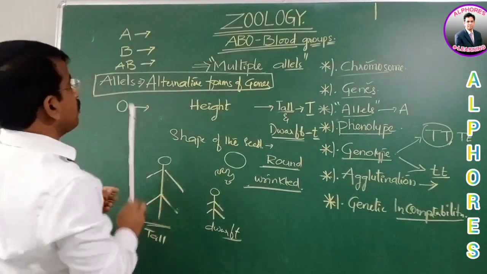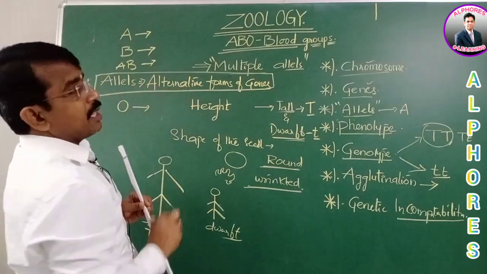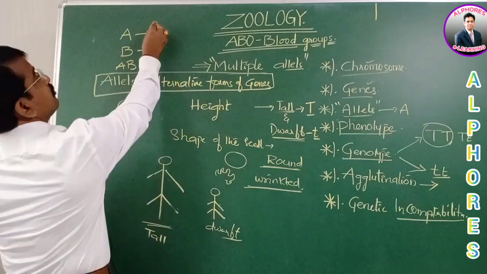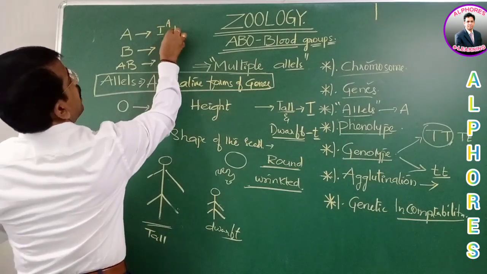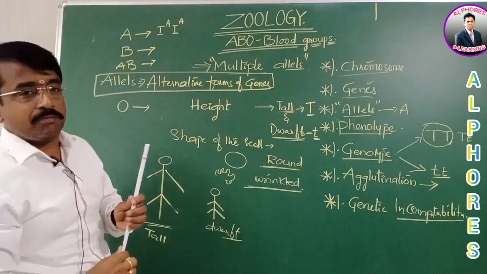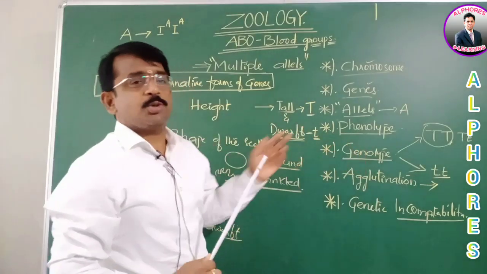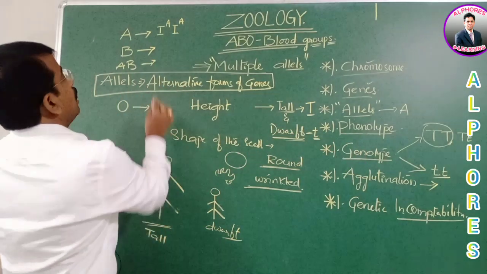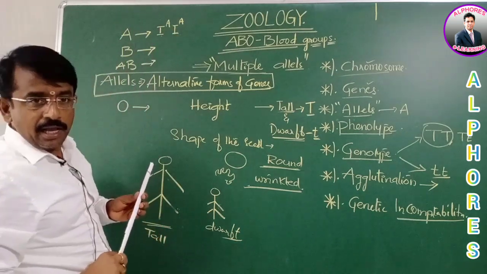These are external forms. So that's the phenotype. The same applies to blood groups, where an individual may have IA. We'll go for the detailed study, but as a term we came across it, so I am mentioning this. So IA is an allele.